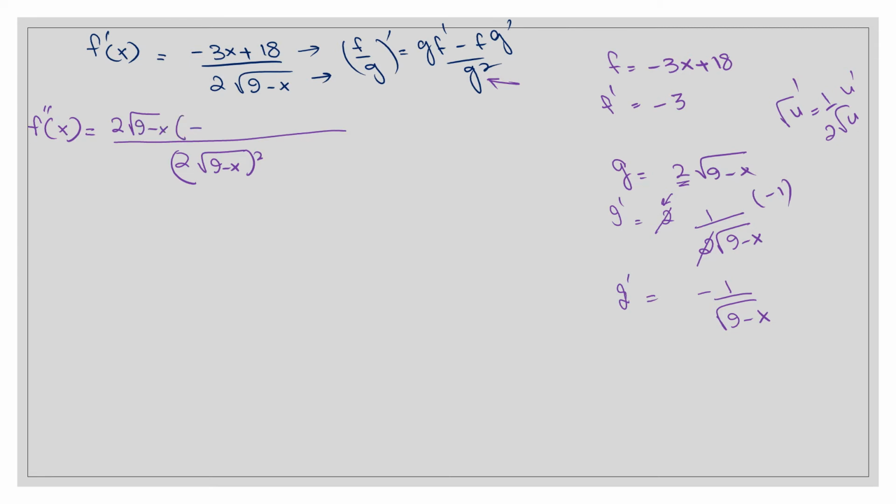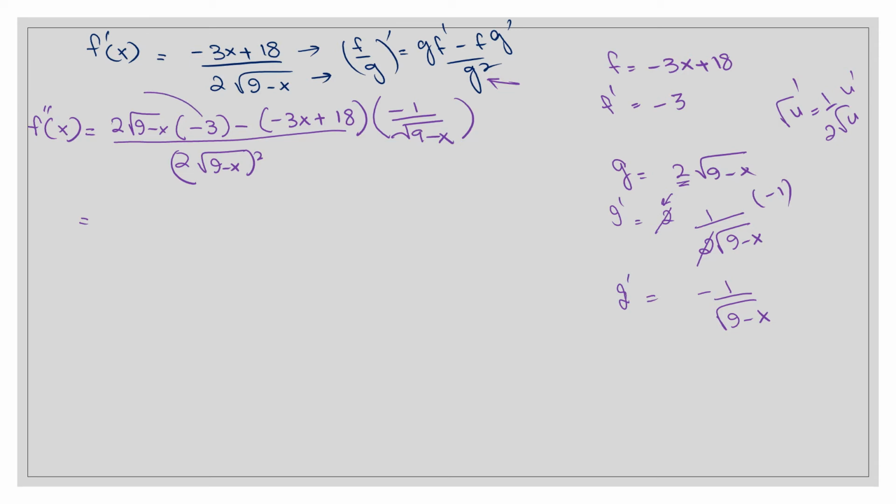F prime, that is your negative 2, minus f, that is negative 3x plus 18, and g prime you will get negative 1 over square root of 9 minus x. All the data I have taken from the left hand side. Now try to solve it using the algebraic concepts.